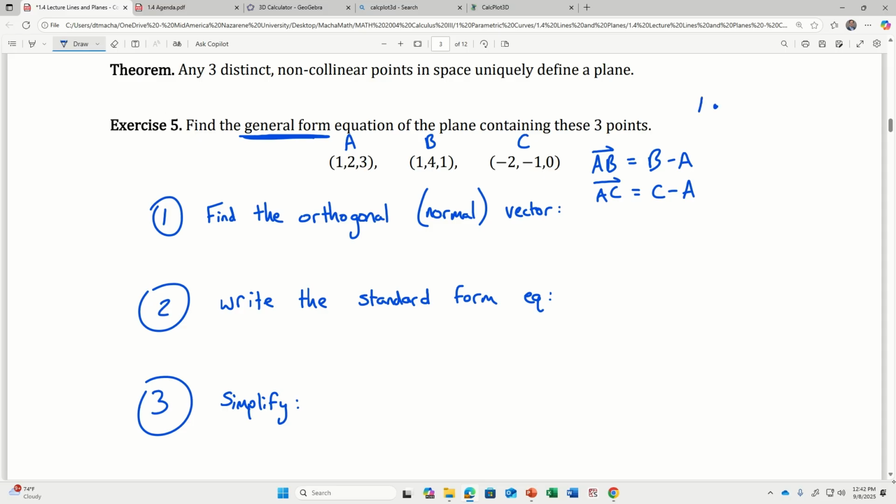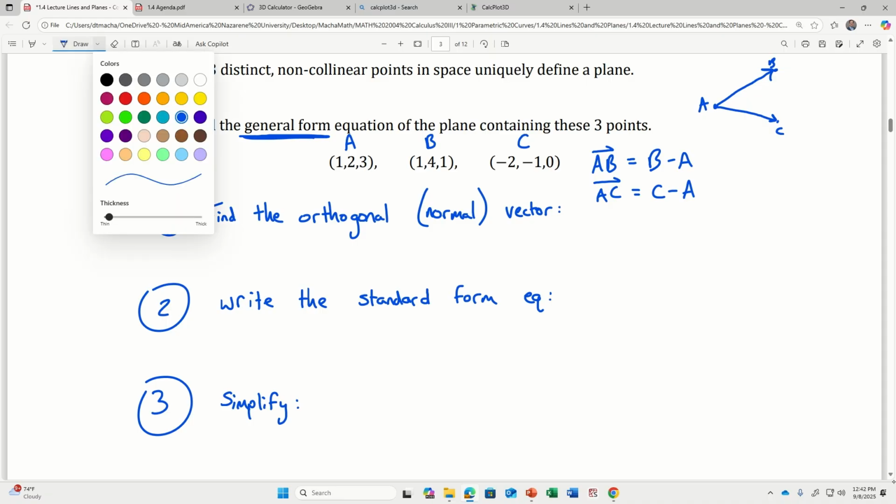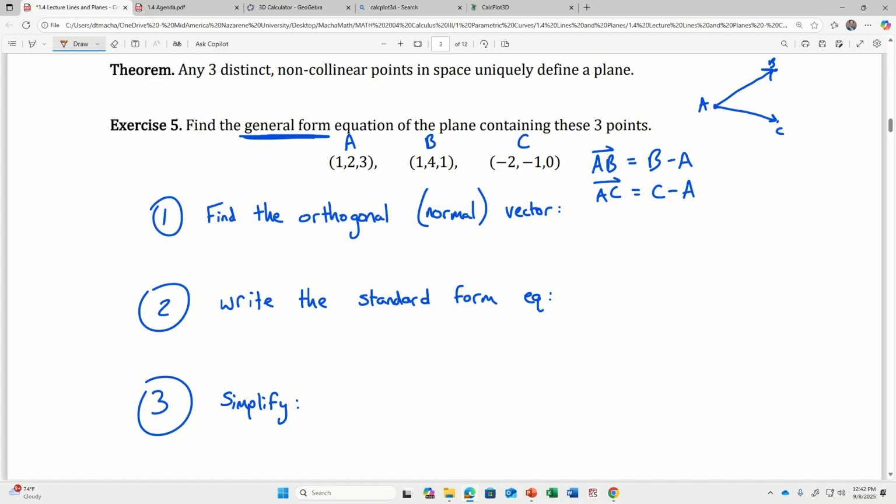So now if this is A, B, and C, I've got a vector pointing this way. That's my vector AB, and a vector pointing this way. That's my vector AC. And if I want a vector orthogonal to the plane, that vector needs to be orthogonal to both the vector AB and the vector AC.